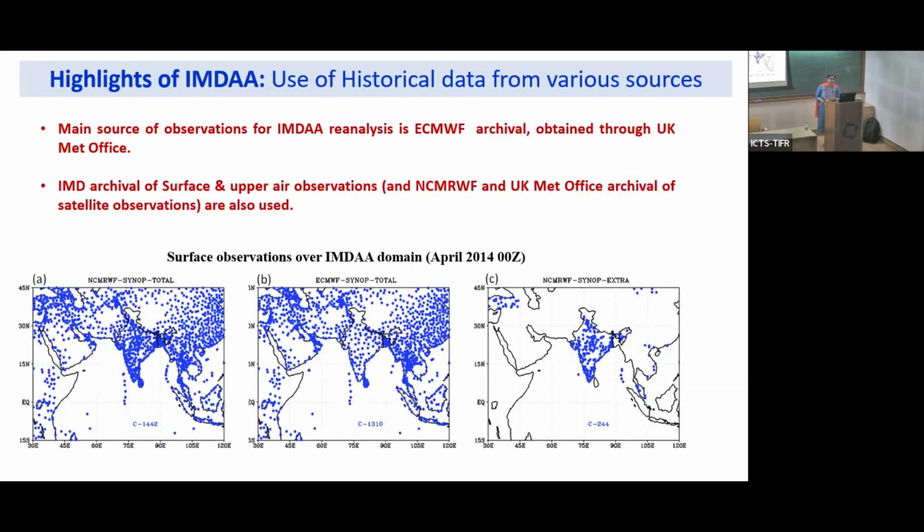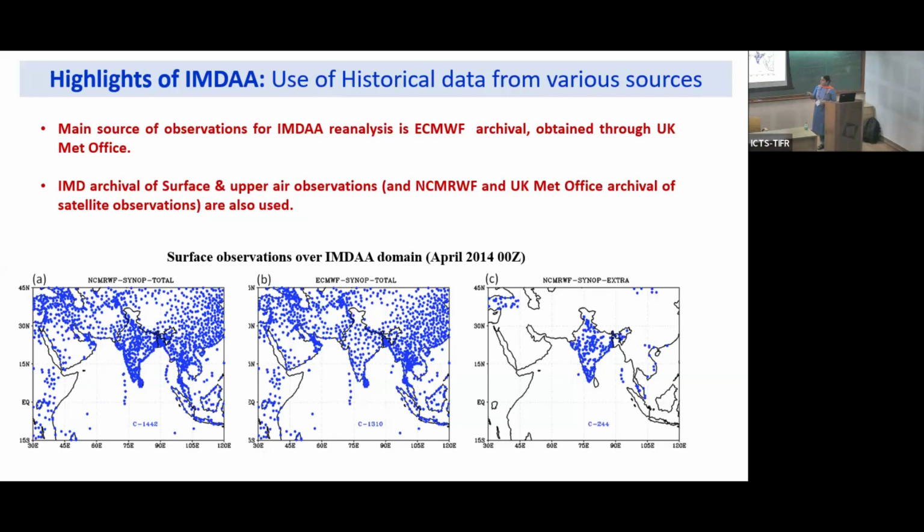And if you see the use of historical data from various sources, as we already discussed, the main source is ECMWF, but we got some of the data from NCMRWF and IMD archival. So this is a snapshot for April 2014. You can see this is the NCMRWF SYNOP observation, and this is the ECMWF, and these are the extra observations available in the IMD NCMRWF archival.